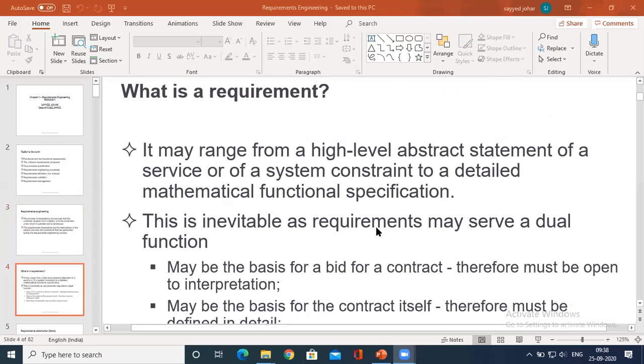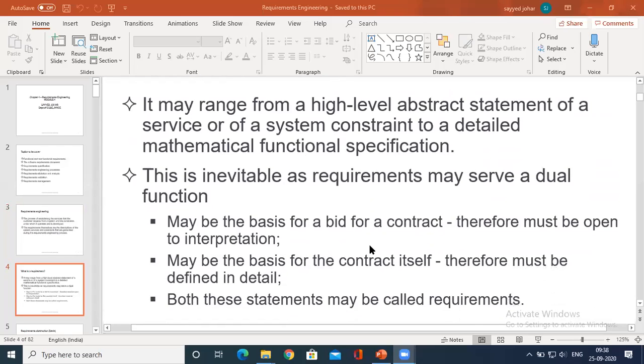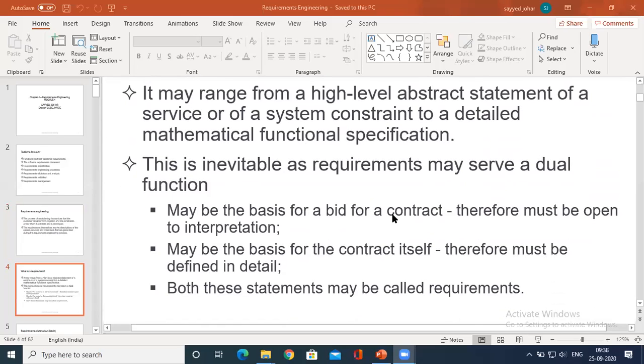So do you know what a requirement is, in brief? A requirement could be from both ends. In a certain scenario it is a bid for a contract.